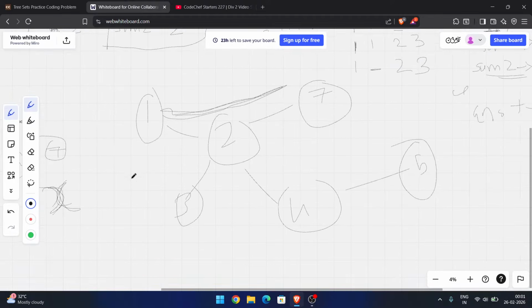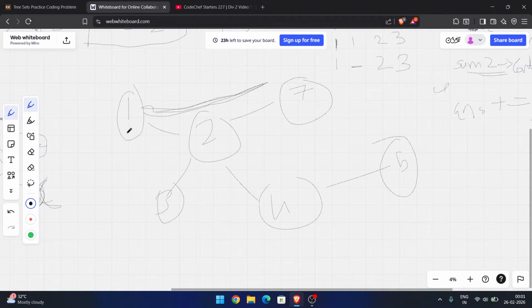We want every good set, and what is the definition of a good set? For all the indices in the good set, if we pick any two, let's suppose these three, 1, 3, and 7, are part of a good set, then there should be one element that is common to all.